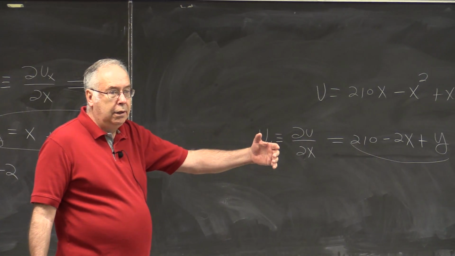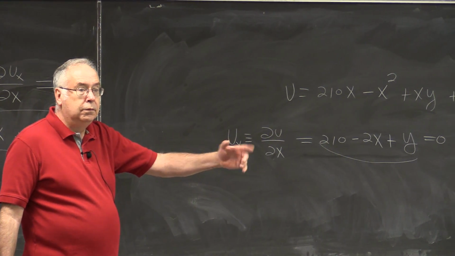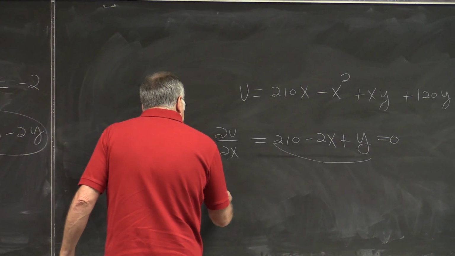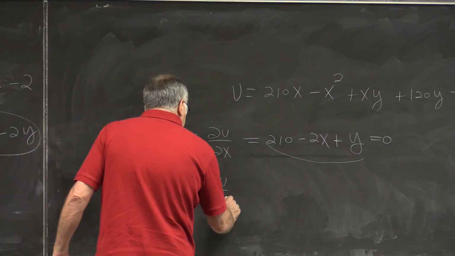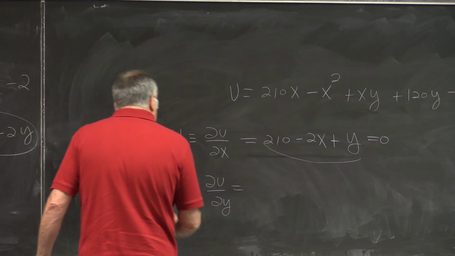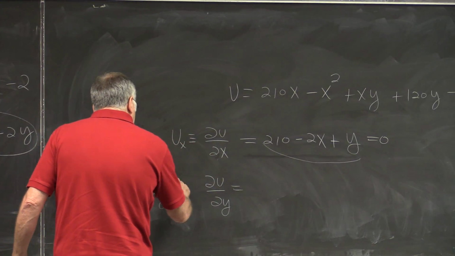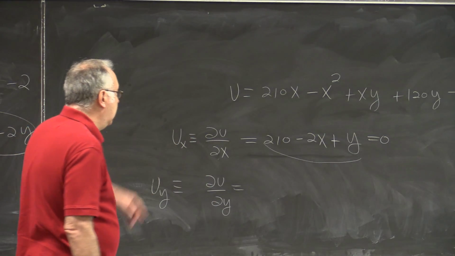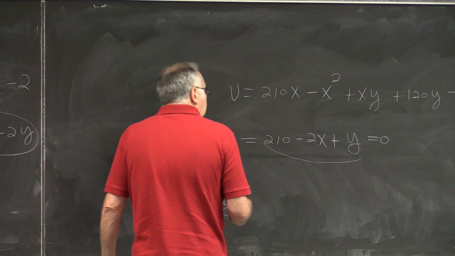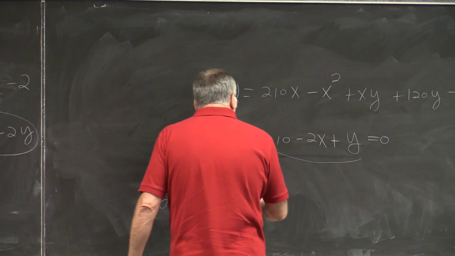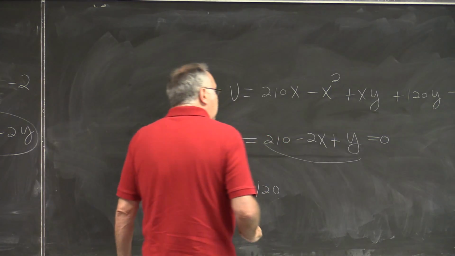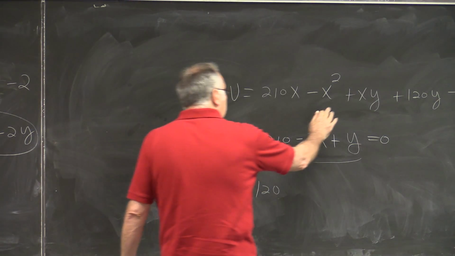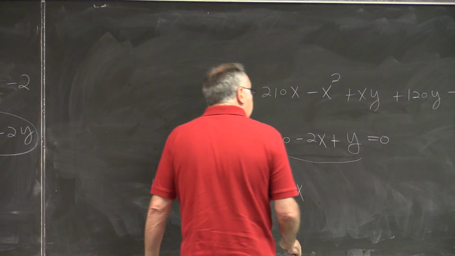What's the other? u_y equals 0. And u_y is just partial U, partial Y. Let's put the 120 term first: 120 plus x minus 2y.